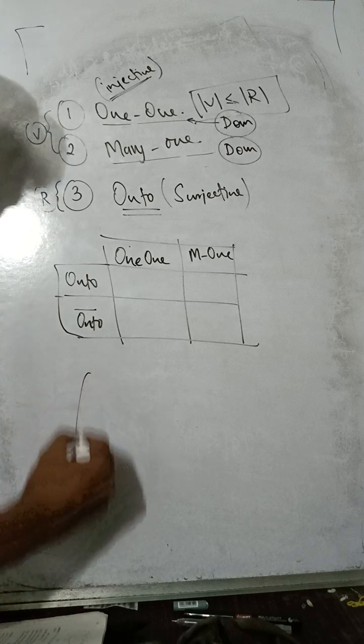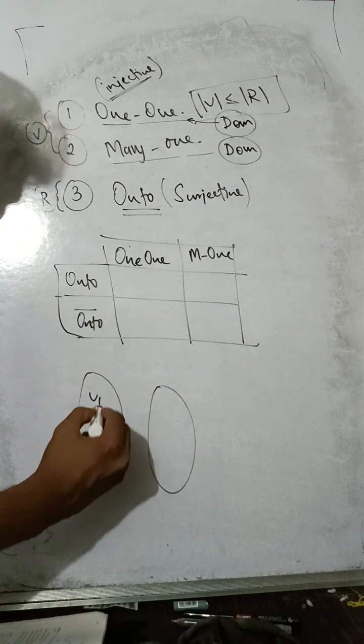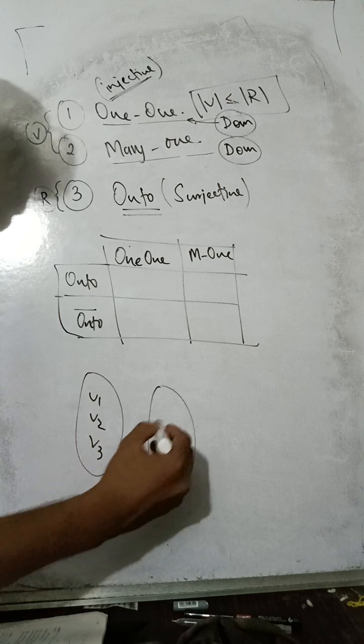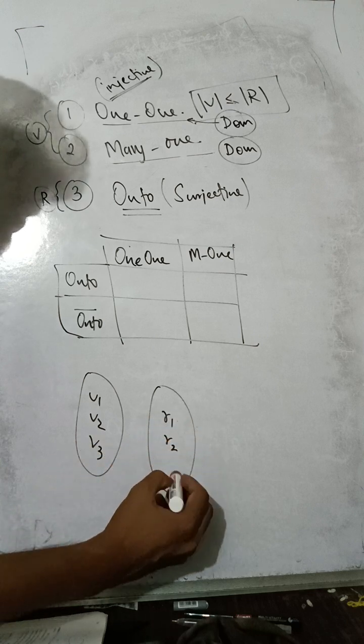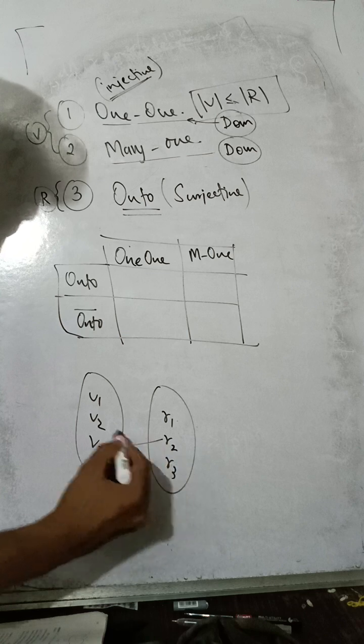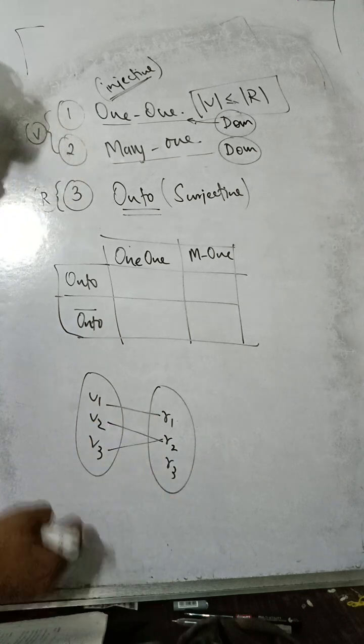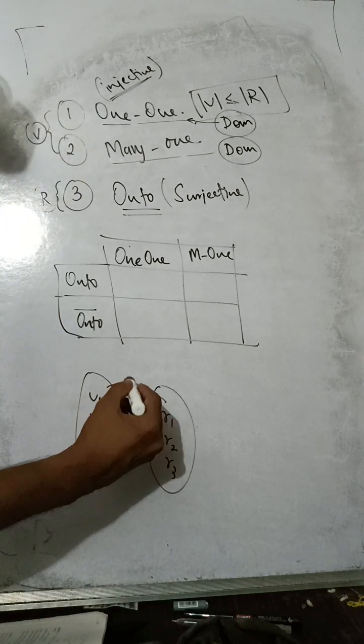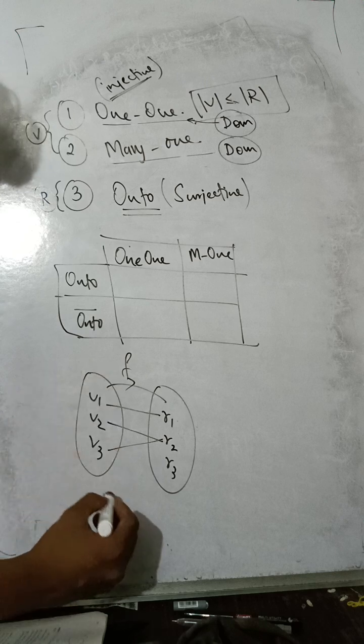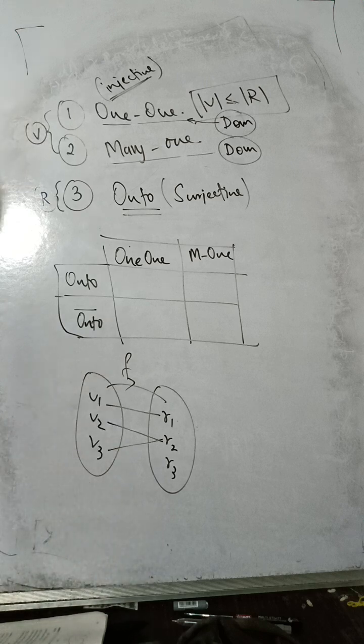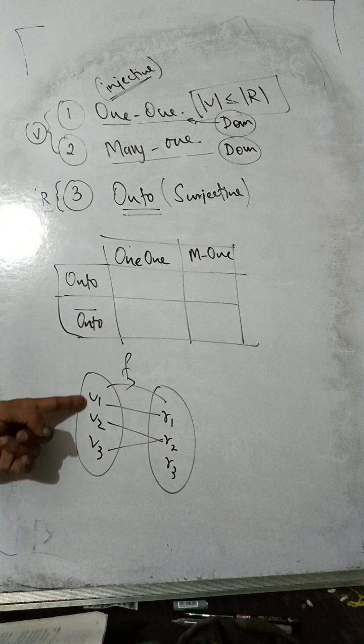Suppose something like this, maybe v1, v2, v3, and you have rooms r1, r2, and r3, and suppose this is happening. This f is not an onto function, but it is a many-one function. This is a many-one and not onto function.